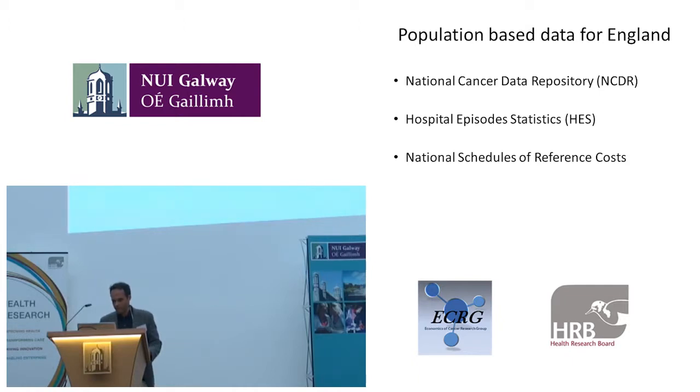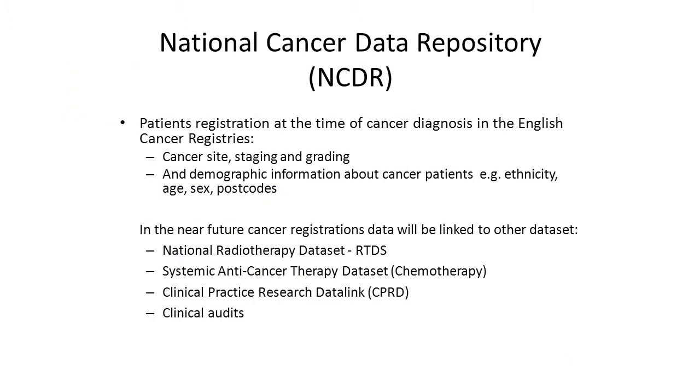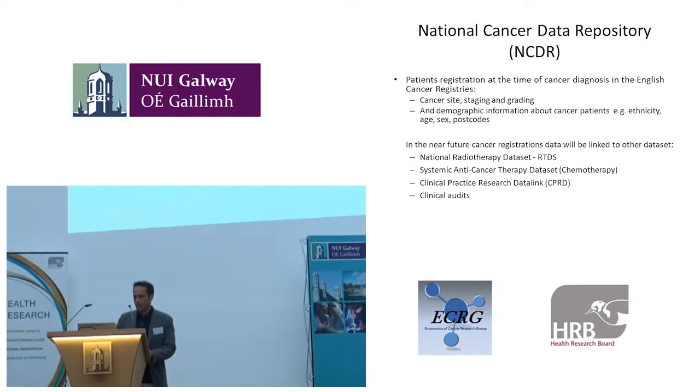Okay. So the National Cancer Data Repository collects the registration of patients at the time of the cancer diagnosis in England, and there are a number of different registries that take care of different regions in England, and they collect information about the cancer site, staging and grading, and also information about demographic characteristics of the patient, for example, ethnicity, age, sex, and location, the patient's postcode.